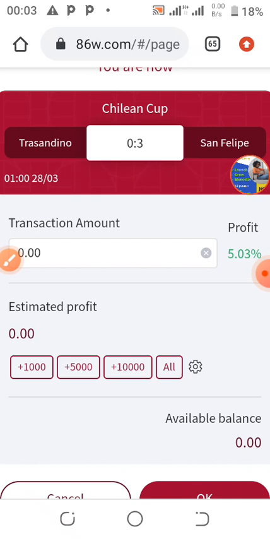When a game, any prediction, whether in the correct score or whatever, has a high probability of winning, the odd is so small. But when it has a lower probability of winning, then the odd is high.